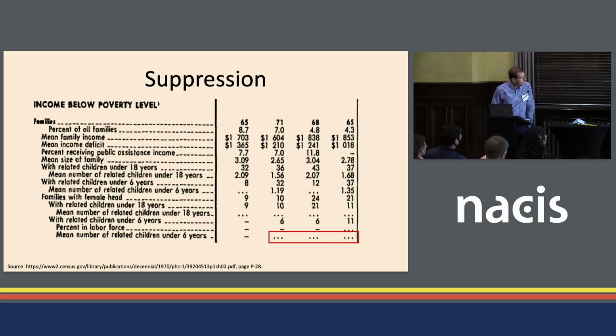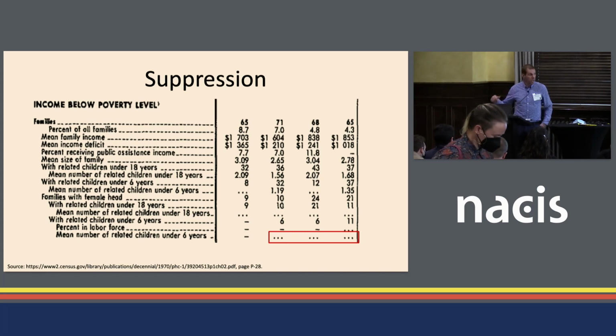So the Census Bureau has used three main sources of disclosure avoidance to protect privacy over the years. Before 1990, the Census Bureau typically used suppression. So if a particular statistic was based on too small of a sample size, or if there weren't enough people who met a particular threshold, they would simply not publish anything and just give you 3 dots in a table, and you wouldn't really have any way of knowing what those statistics were for those places, to protect that privacy.